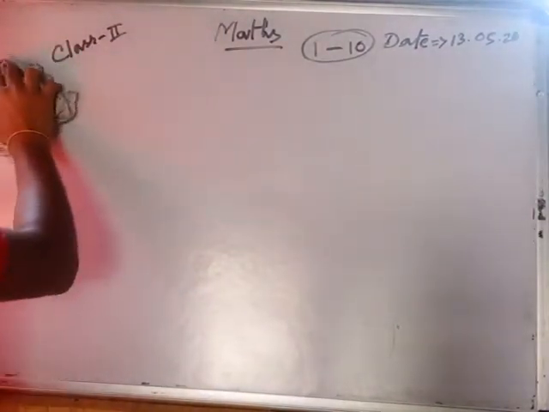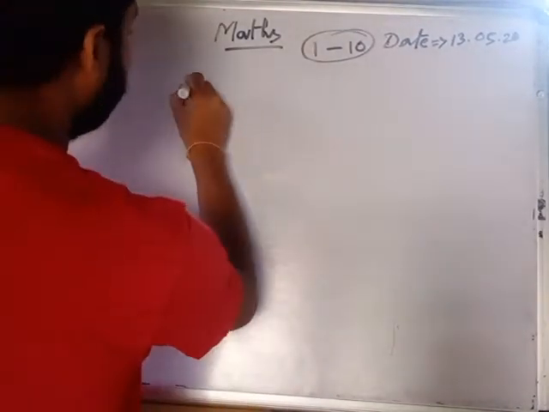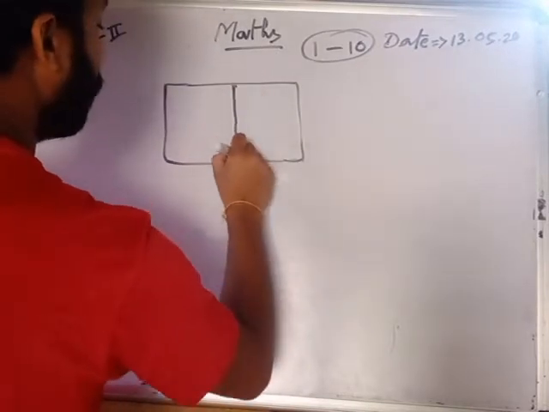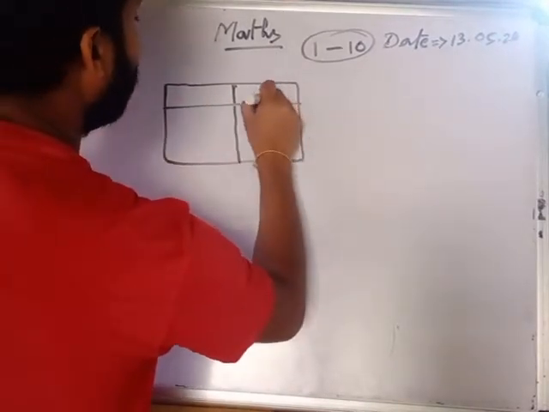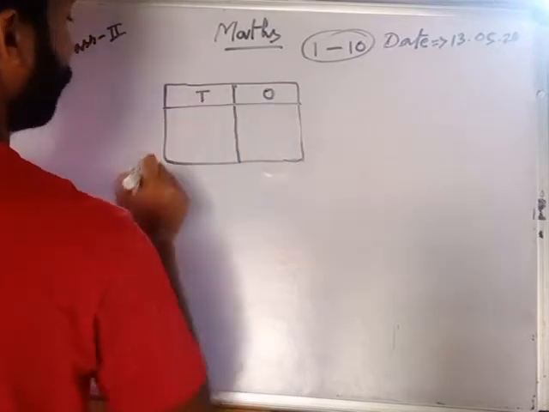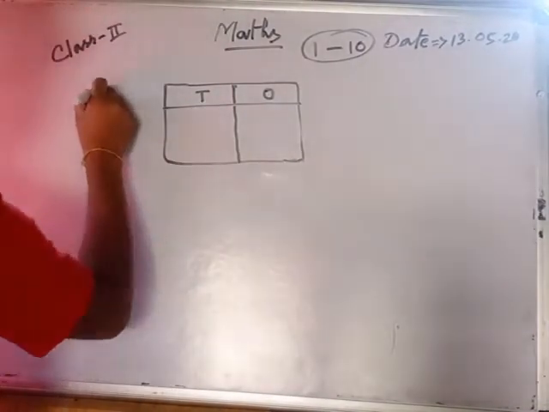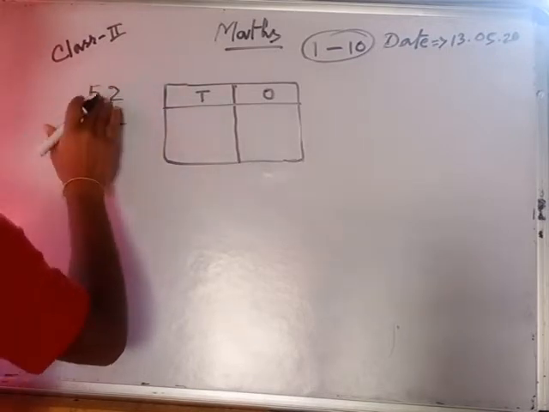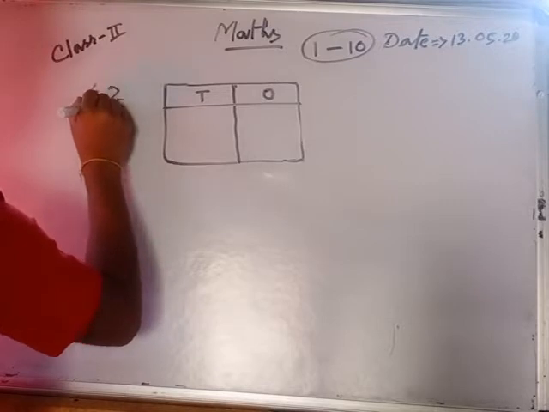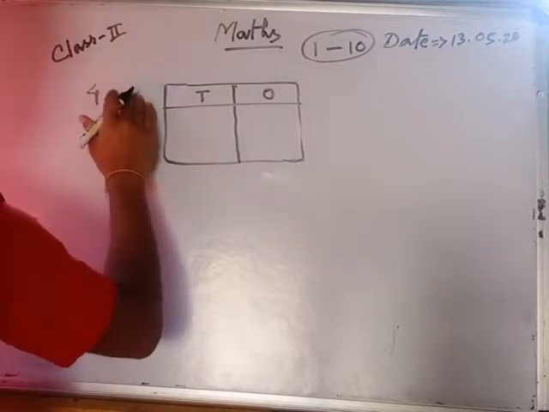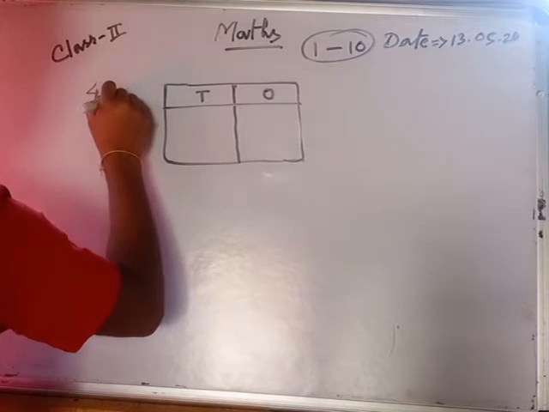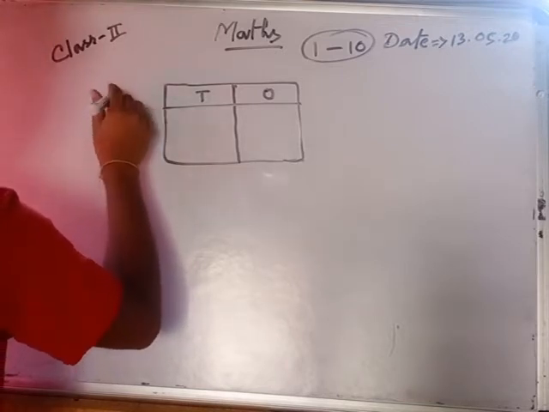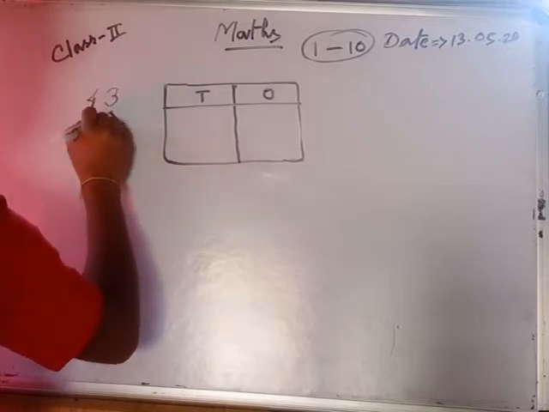After that, I will go to the multiplication process with the table. That means we should put the numbers in place value. Suppose it is 3 here, it is 4 here.